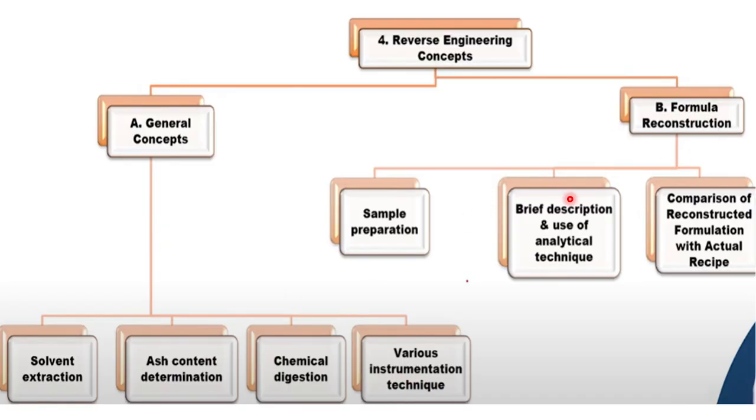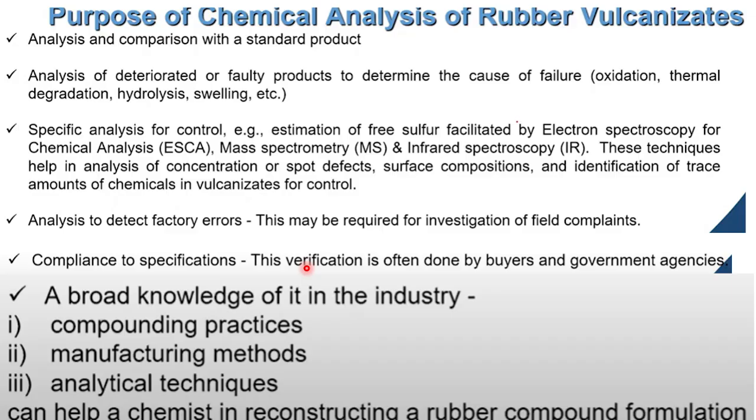For formula construction, you prepare a sample, with a brief description and use of analytical techniques, and compare the reconstructed formulation with the actual recipe. After getting all the details, you prepare a formulation and then prepare a sample. After that, you do the tests to compare the properties of your own developed product with the competitor product.